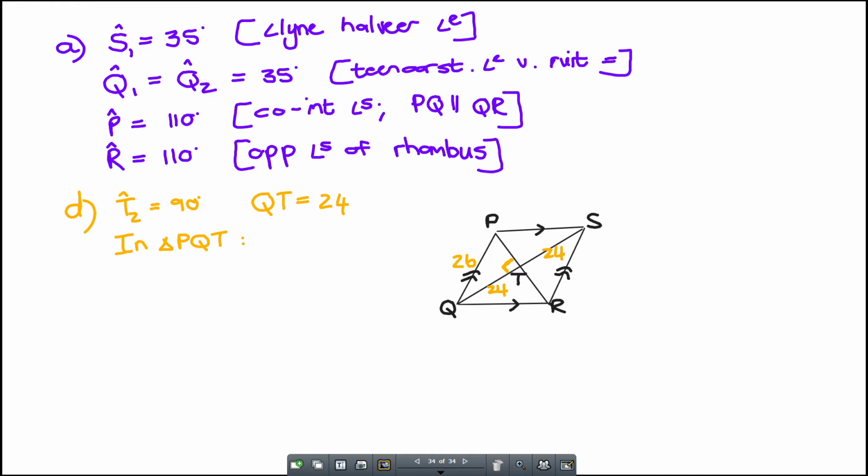They said PQ is 26, daar het ek dit vir jou gaan skryf, and then they actually said that QS is 48. Maar kyk gou, QS is daai hele hoeklyn, sien julle dit? En wat weet ek van hoeklyne van 'n ruit? Hulle sny mekaar presies in die helfte, nee. So that's how I knew that this will be 24 and that will be 24. Okay, so dit was die eerste ding wat ek daar gesien het. QT is 24.